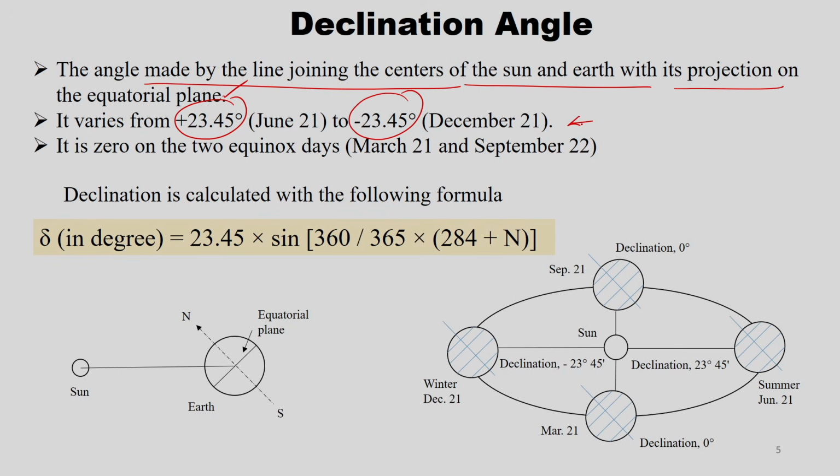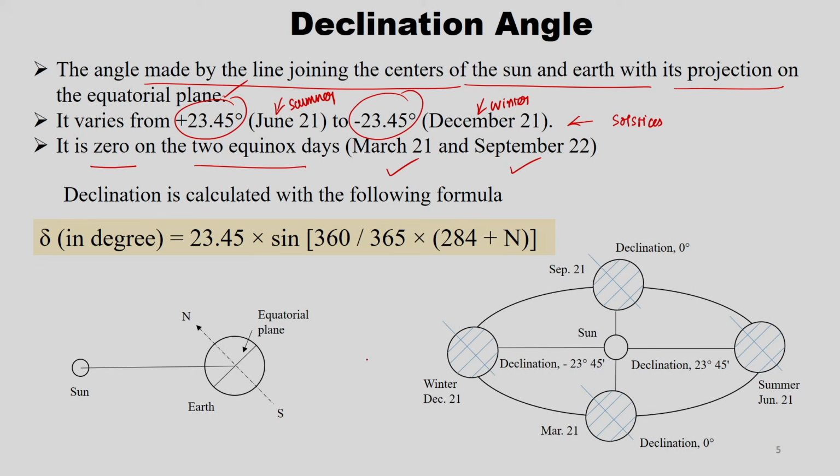These both we call solstices. This is the winter solstice, and this is the summer solstice. This declination angle delta is 0 on two equinox days, one on March 21st and another on September 22nd.